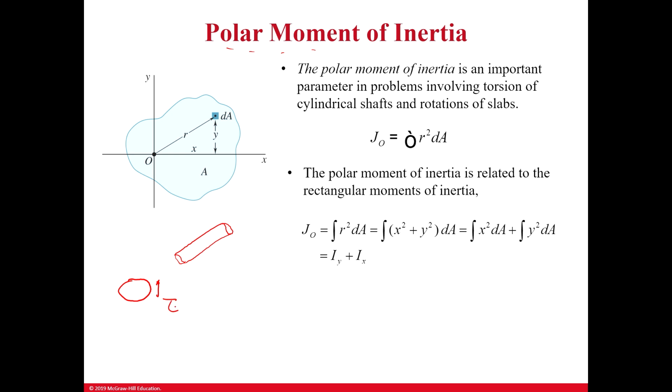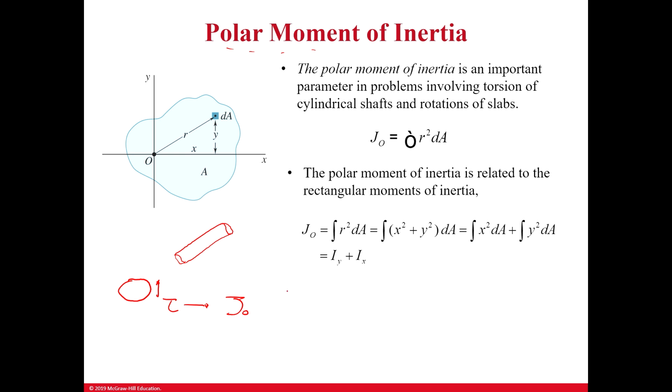To compute this torsion, you'll see later, maybe we even get to see it in this chapter, depending on how far we can get, you're going to need the polar moment of inertia, because that is going to give you information about the area, about the geometry.